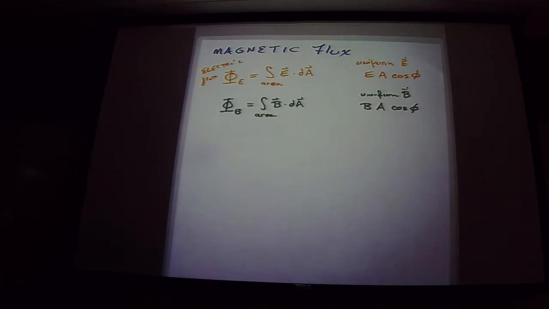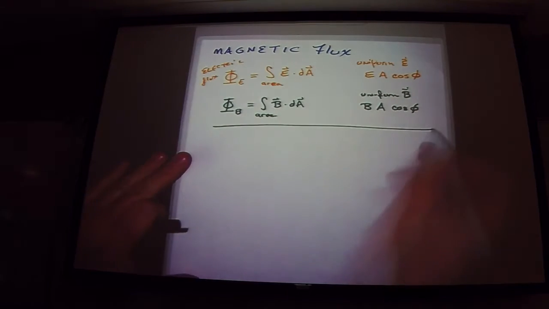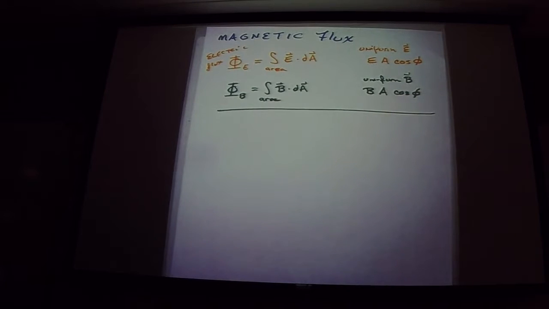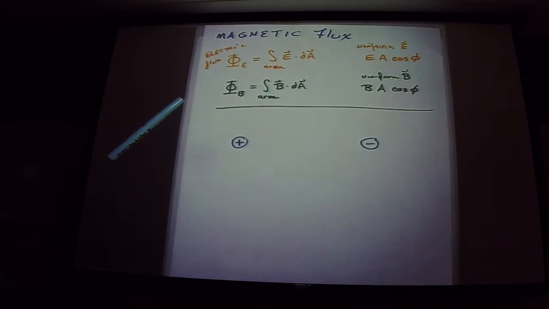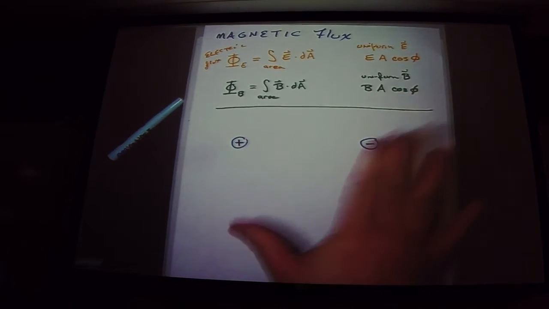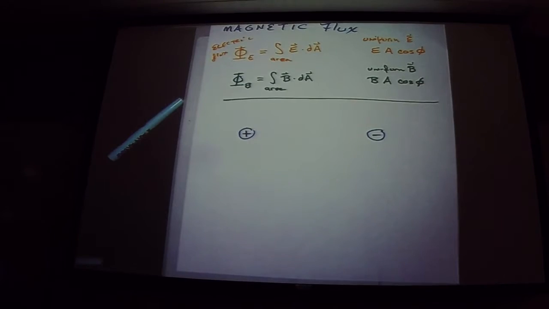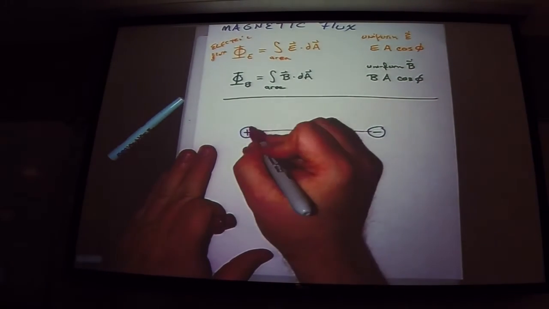And this will go with the theme of the difference between magnetism and electricity. For the electric field lines, they would start at a positive charge and end at a negative charge. So if I were to draw the electric field lines here, they would look like this. So here's the E field lines.